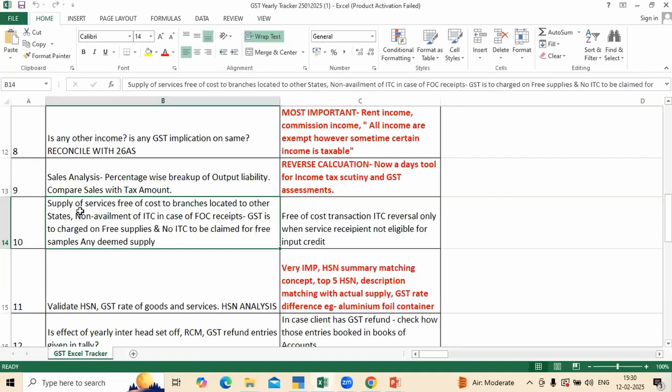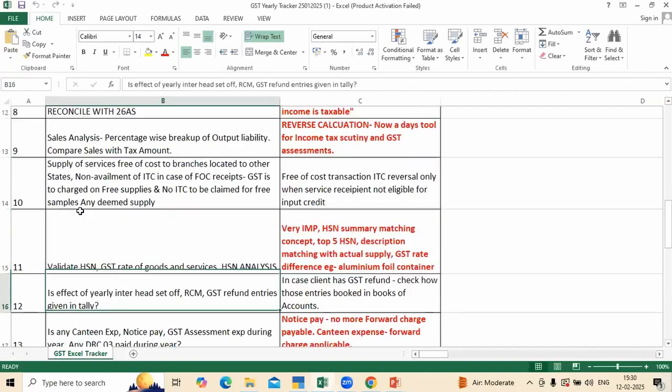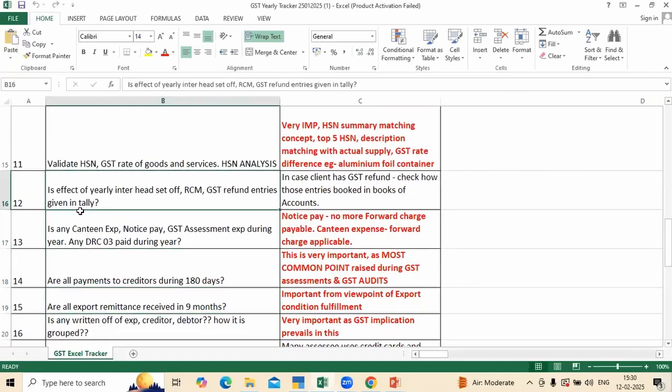So anything which is going free of cost, even free supplies to customers, I need to reverse the pro rata input credit because the input credit pertaining to free supply is not eligible. So in case your client is giving anything as free samples, you need to ask him to reverse the pro rata input credit. Now take another scenario where he has destroyed certain closing stock. Then even on that closing stock, any input credit lying in it needs to be reversed.